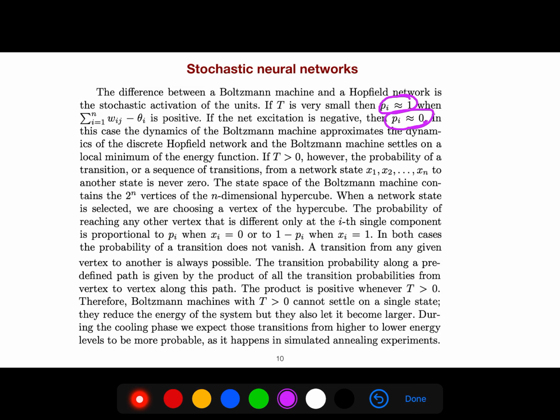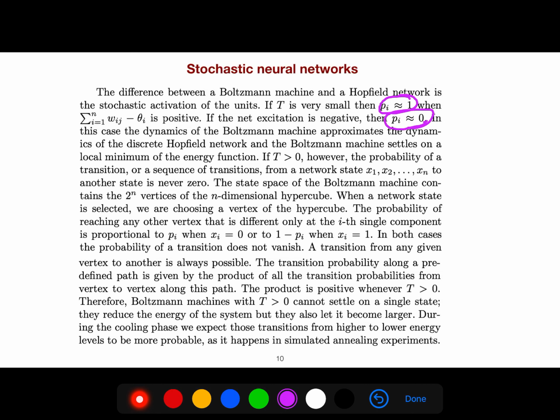In this case, the dynamics of the Boltzmann machine approximates the dynamics of the discrete Hopfield network. A Boltzmann machine settles on a local minimum of the energy function. If the temperature is greater than 0, however, the probability of a transition or a sequence of transitions from network state x_1 through x_n to another state is never 0.